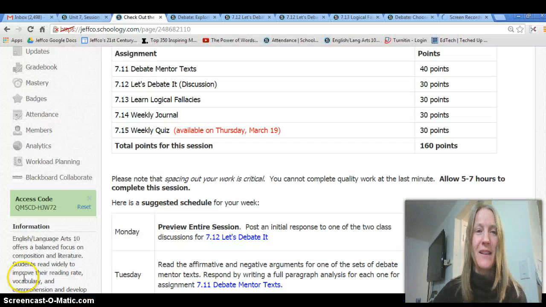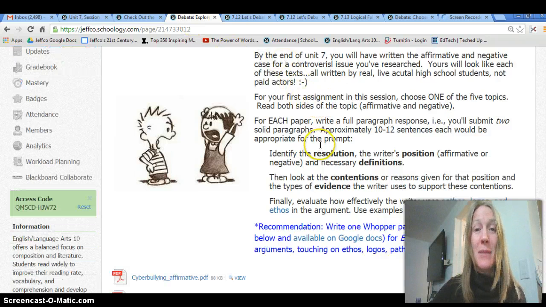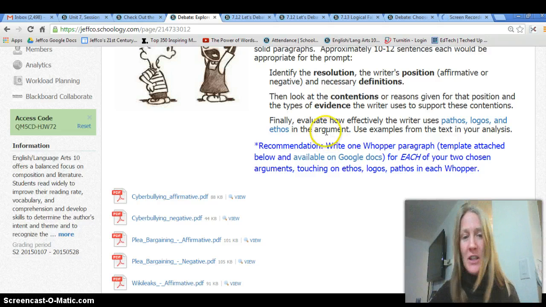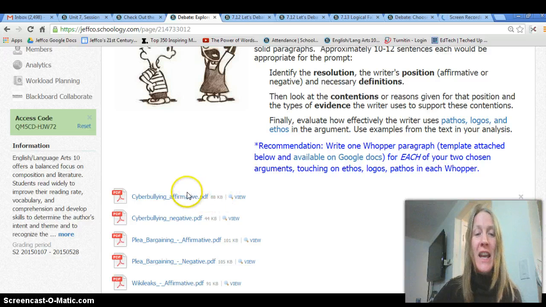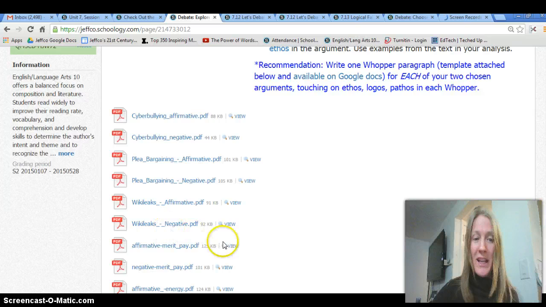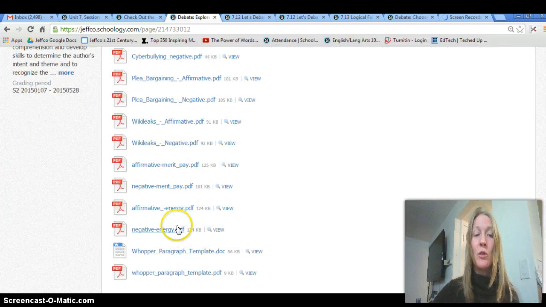So in our first session on debate, we'll be doing 5 assignments that are designed to orient you toward debate. The first thing you're going to be doing is looking at some mentor texts. These are pairs of writings that real live students have done in the past on cyberbullying, plea bargaining, WikiLeaks, merit pay for teachers, and nuclear energy.